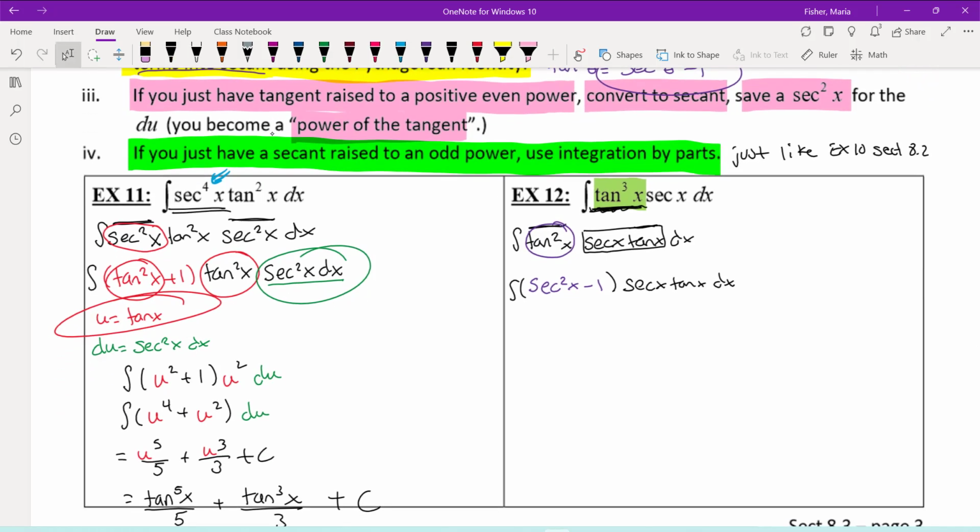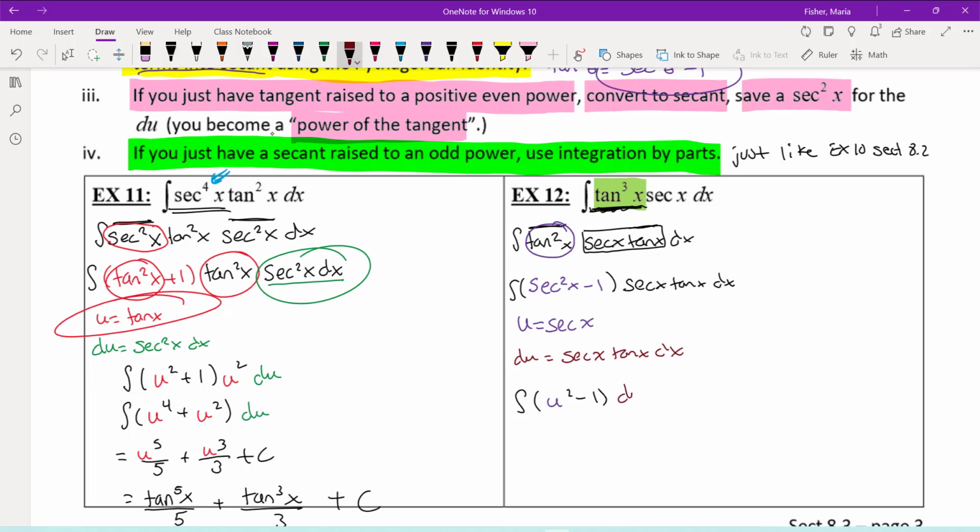Now we let u equal the secant of x. If u is equal to the secant of x, then the derivative du would equal secant of x, tangent of x dx. Then we know that this becomes u squared minus 1 du.